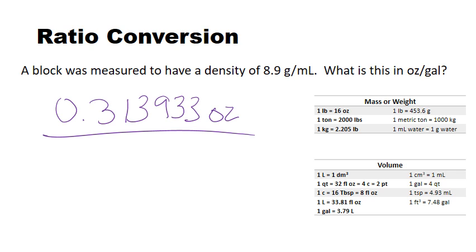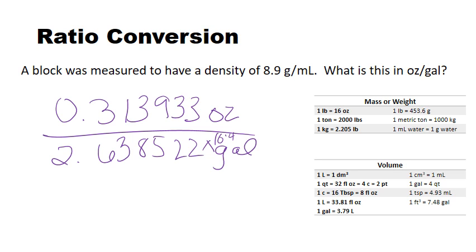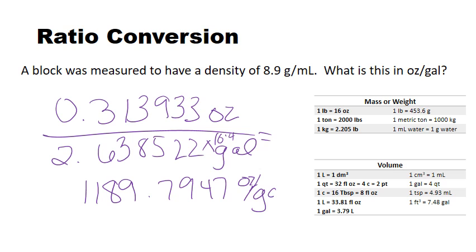And I need to divide it by what my gallons was, which is 2.63852 times 10 to the negative fourth gallons. And when I put that into my calculator, I get 1,189.7947 ounces per gallon.